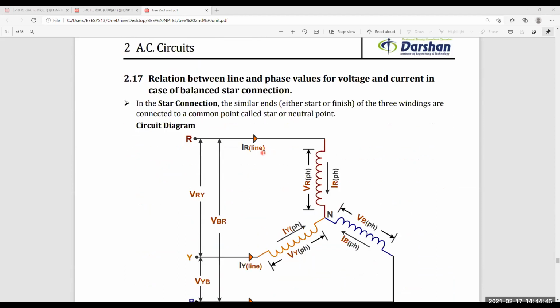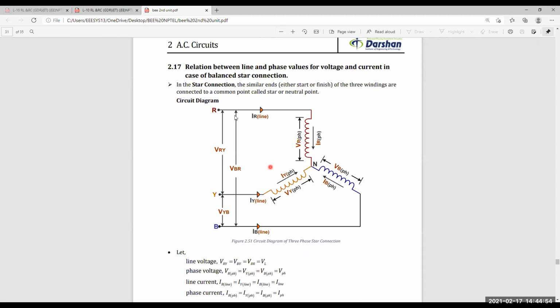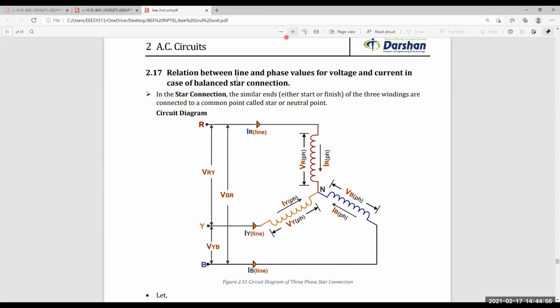Then coming to the star connection system. Relation between line and phase values for voltage and current in case of a balanced star connection.